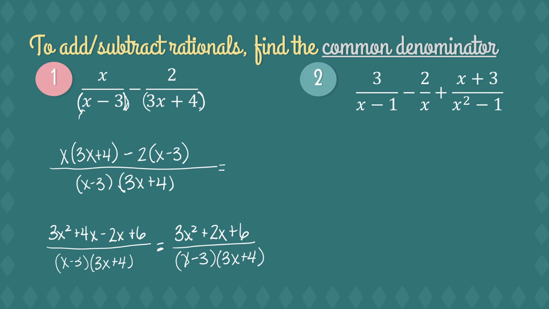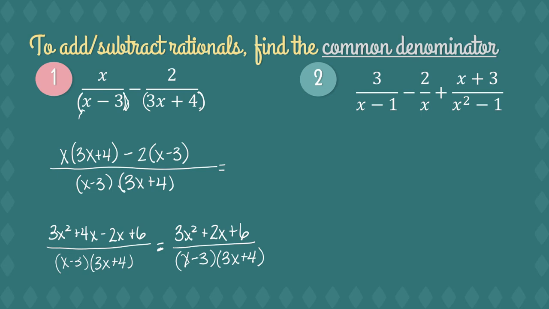That should be good. We probably want to check the top and just see if it is factorable. I'm not coming up with anything, so I think that we're okay to leave it like this, okay? So let's look at the next one.